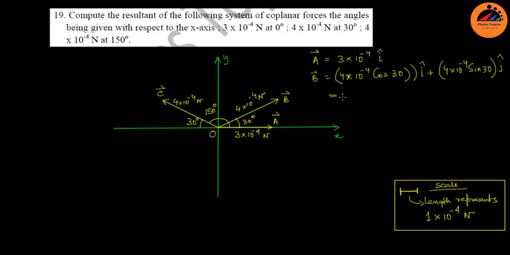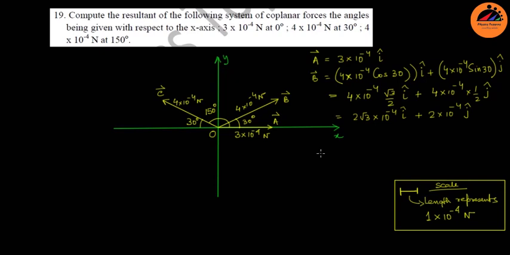So you can express it like this: cos 30 is root 3 by 2, so 4 into 10 to the power minus 4 into root 3 by 2 I cap plus 4 into 10 to the power minus 4 into half j cap. So that is 2 root 3 into 10 to the power minus 4 I cap plus 2 into 10 to the power minus 4 j cap.